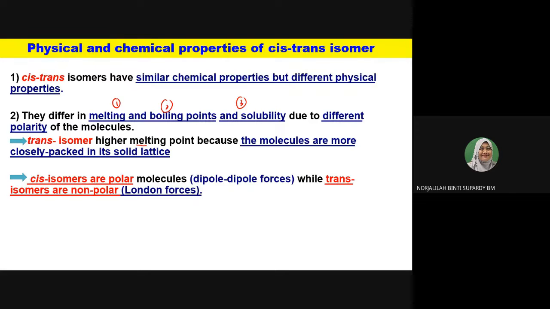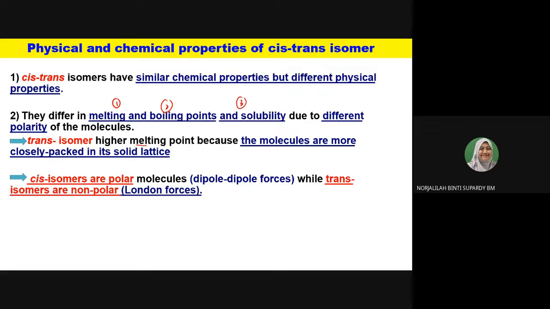For boiling point, we refer to the boiling point of a liquid, how we overcome the intermolecular forces that exist between the liquid particles. So in liquid particles, the cis isomer is a polar molecule.